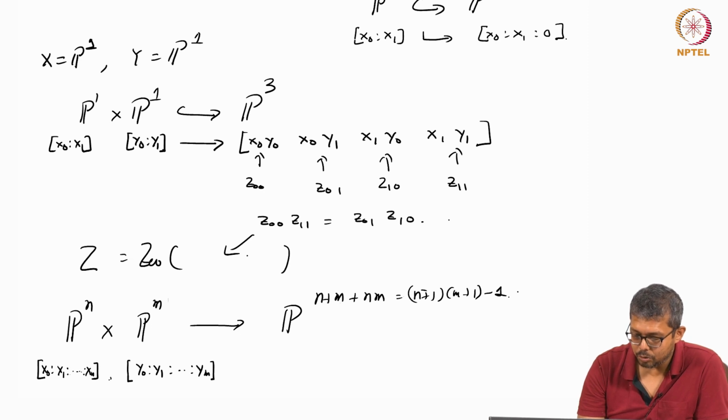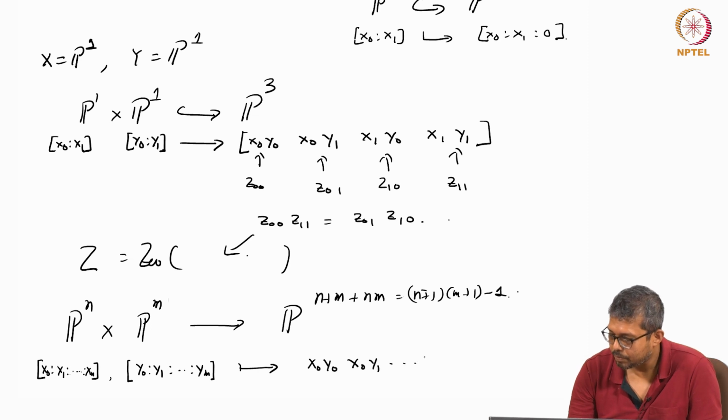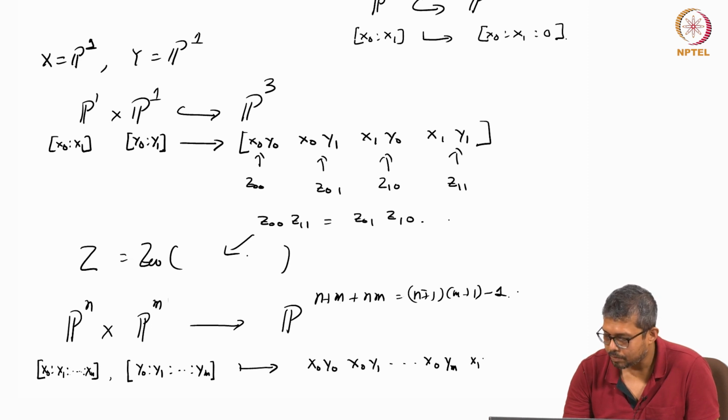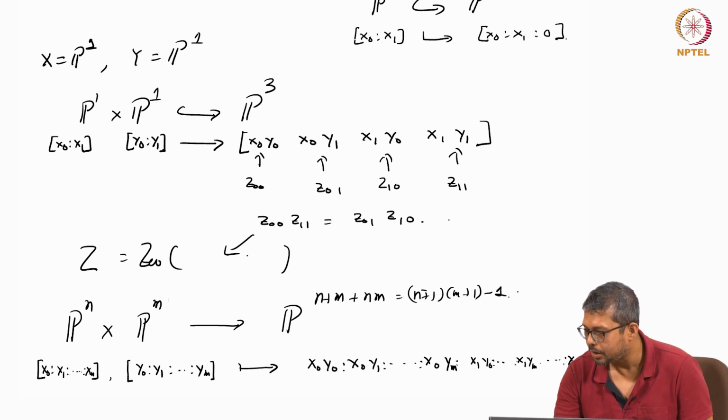Then you send it to this map: x naught y naught, x naught y1, up to x naught ym. Similarly, x1 y naught up to x1 ym, and like this up to xn ym.